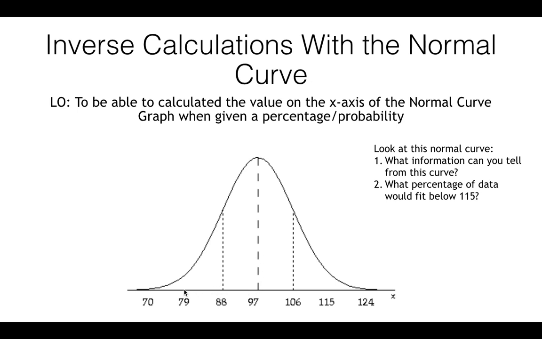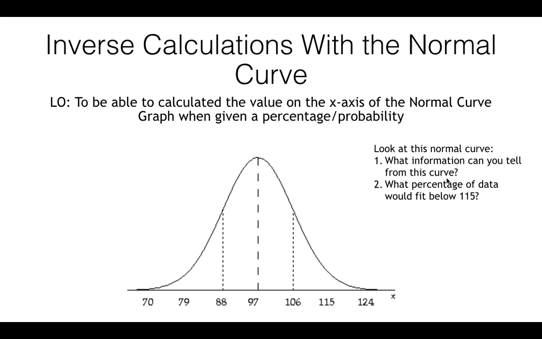Two standard deviations from the mean in both directions holds 96% of our data, which means that two standard deviations in one way, so just this area here between 97 and 115, contains 48% of our data. Three standard deviations from the mean, you have 99% of your data falling underneath that stretch of the curve.